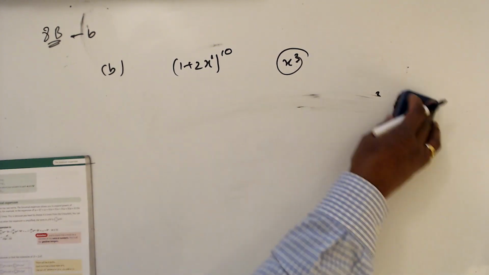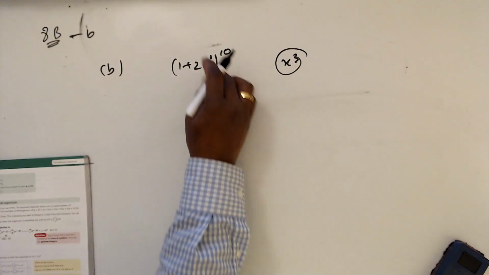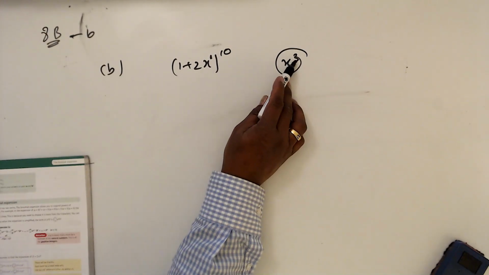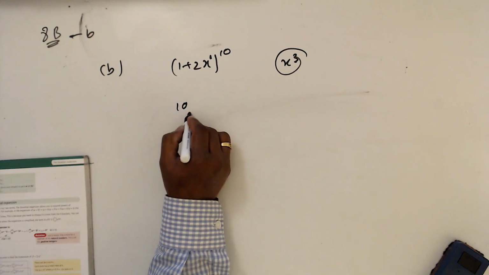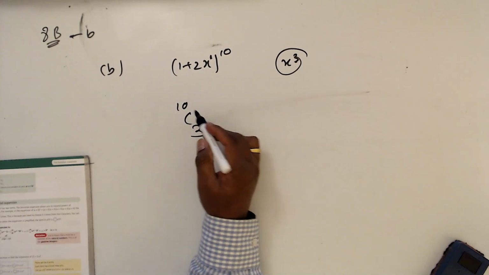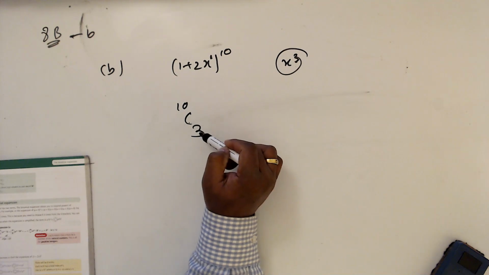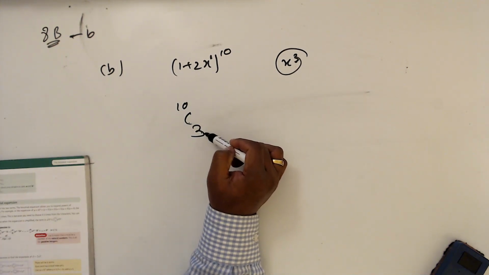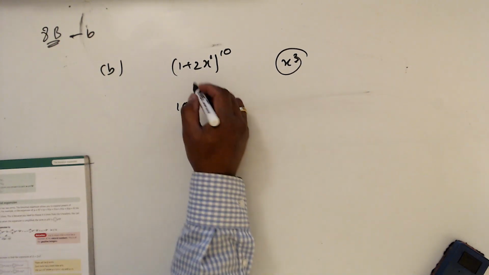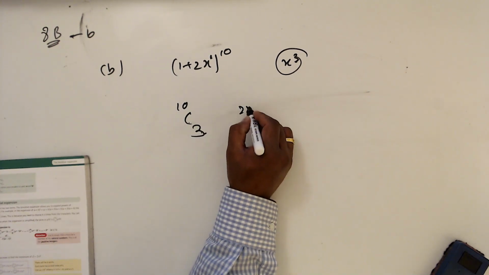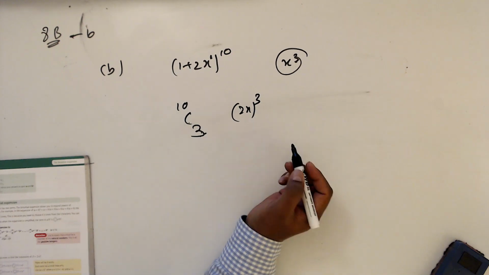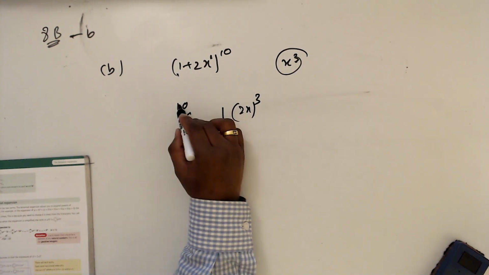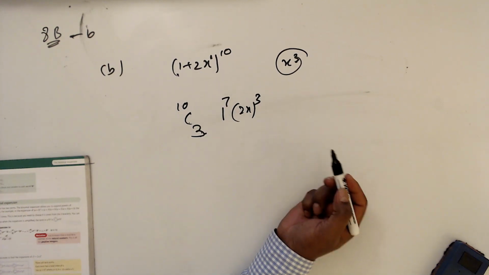Actually, I can write this straight away. I need the third, so 10C3. That's how we start. 10th power and the cubic will be in the third one. Then 2x cubed. Write this one first. Then the next term, the difference 10 minus 3 is 7.